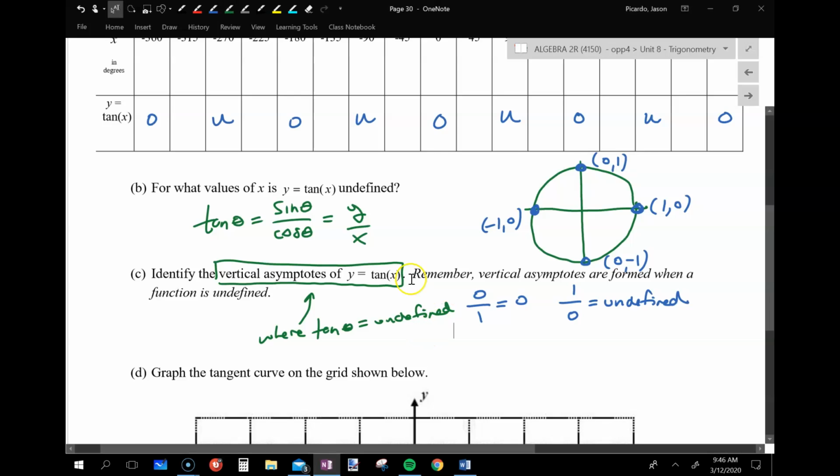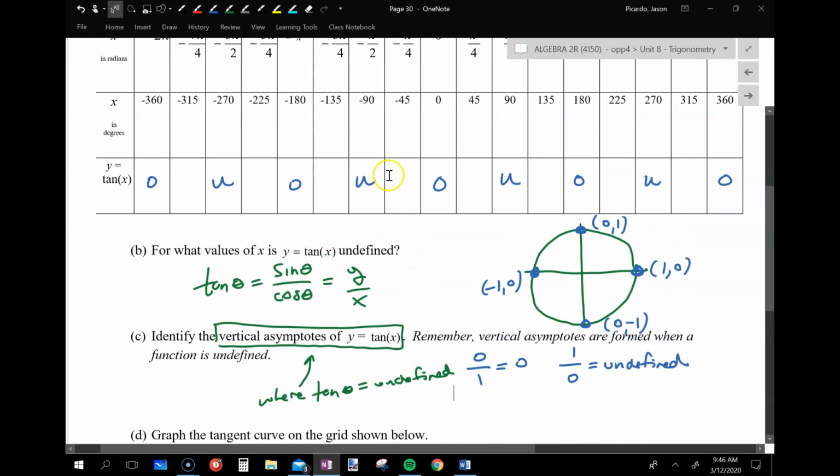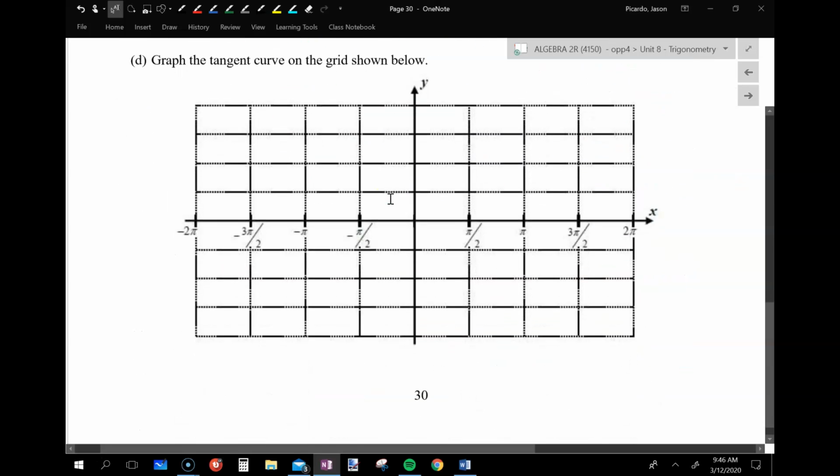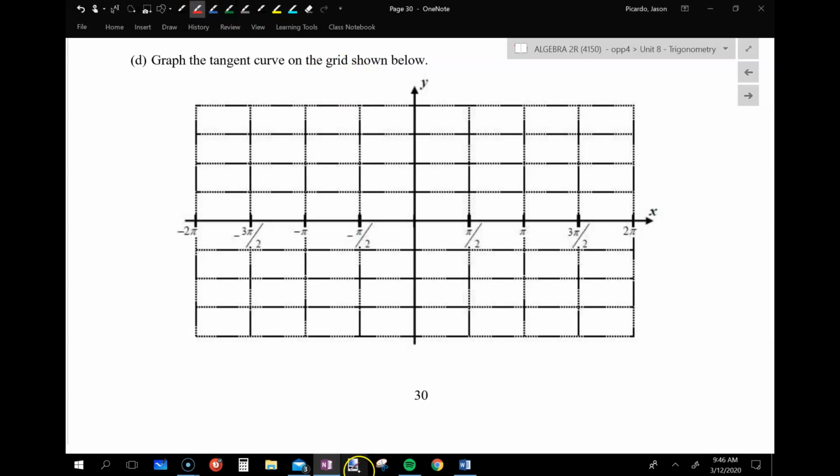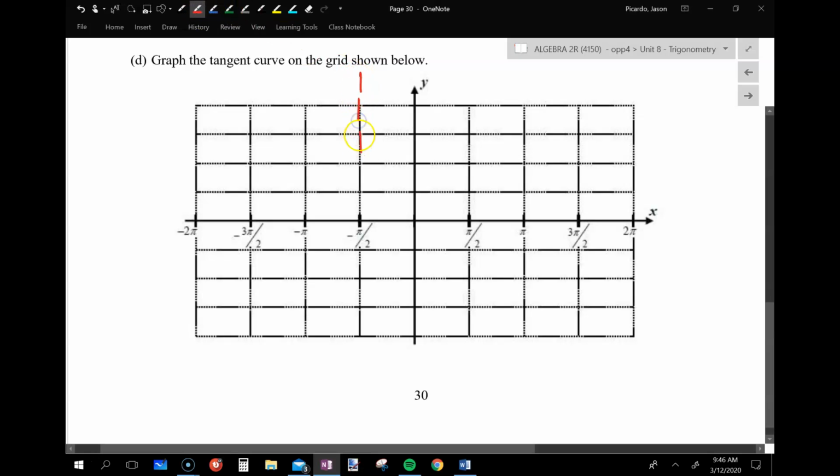All right, let me go to my graph. Let's put those. Where are those vertical asymptotes? At -90. So watch how I'm going to write that. I'm going to write these like these. These are going to be dotted lines. And I want you to think of, I made them red for a reason. They're boundaries, okay? So there's one there.